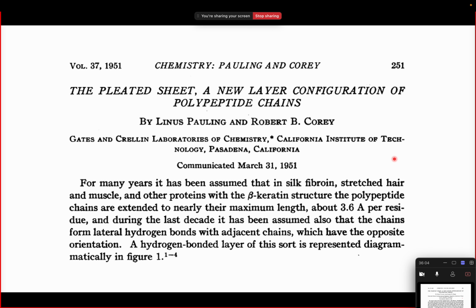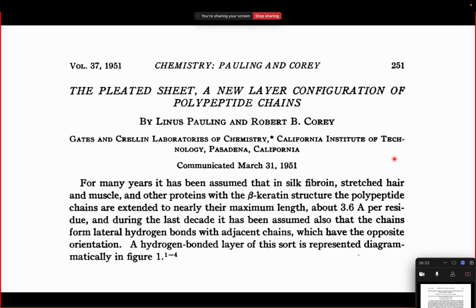For many years, it has been assumed that in silk fibroin, stretched hair, and muscle, the other proteins with the beta keratin structure, the polypeptide chains are extended to nearly their maximum length, about 3.6 angstrom per residue. And during the last decade, it has been assumed also that the chains form lateral hydrogen bonds with adjacent chains which have the opposite orientation.